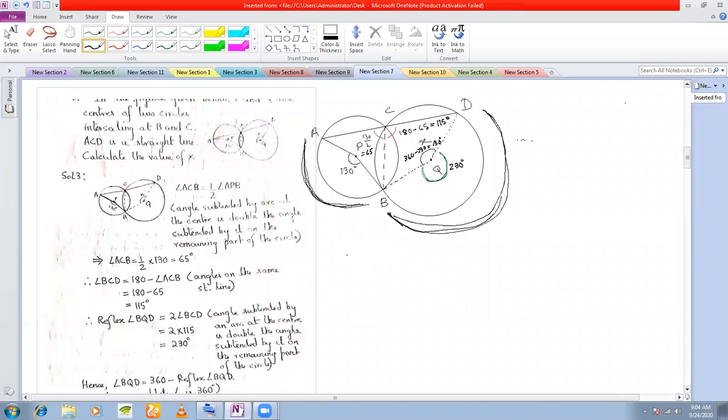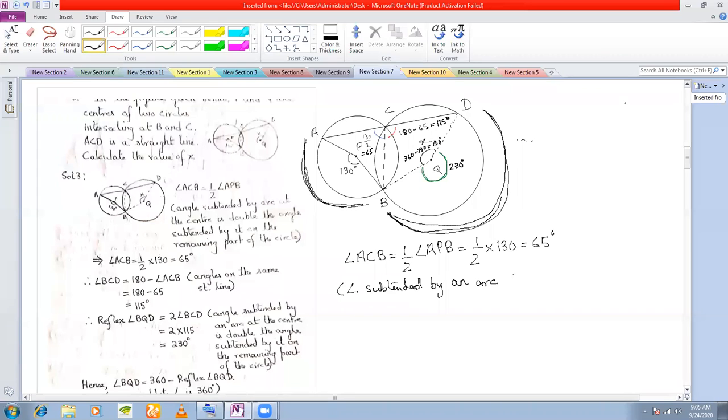So you see that we first write angle ACB is equal to half of angle APB, half of 130, which is 65 degrees. This is because angle subtended by an arc, in this case, which arc am I talking about?